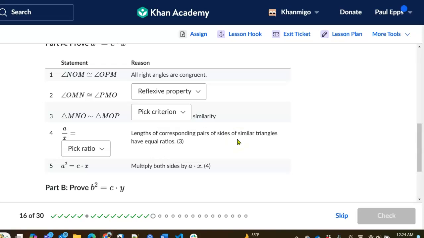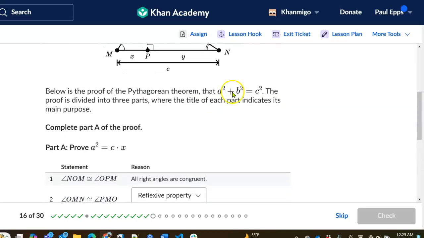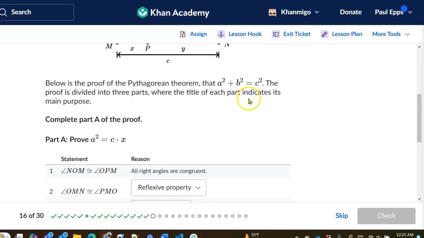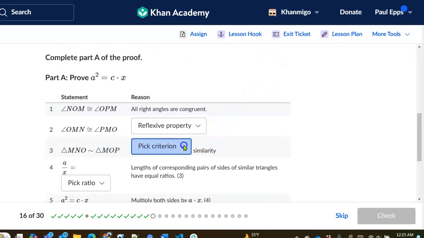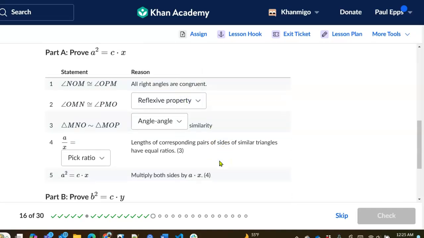MNO is similar to MOP, criterion. Well, we just have 2 angles, right? MNO and MOP. Yeah, we got 2 angles. So, angle.